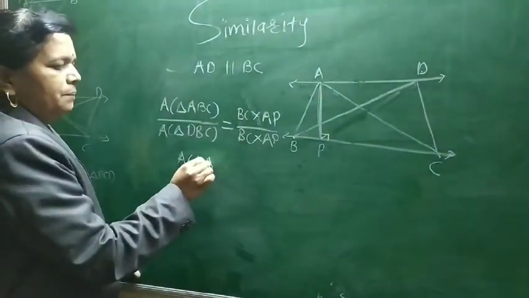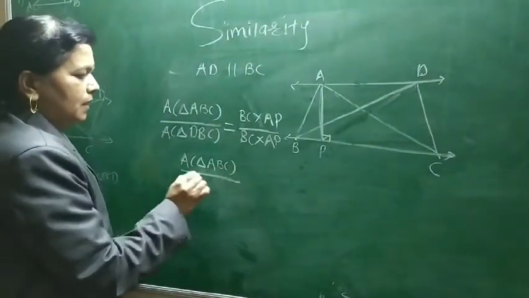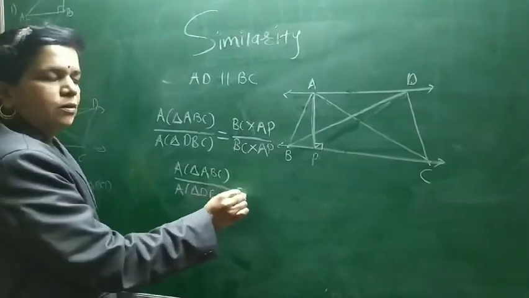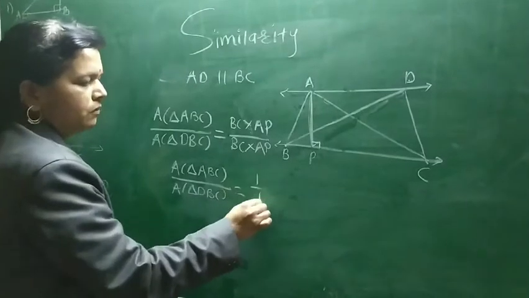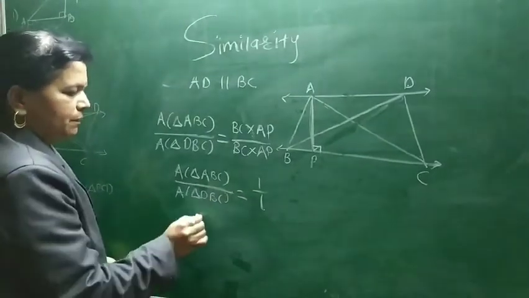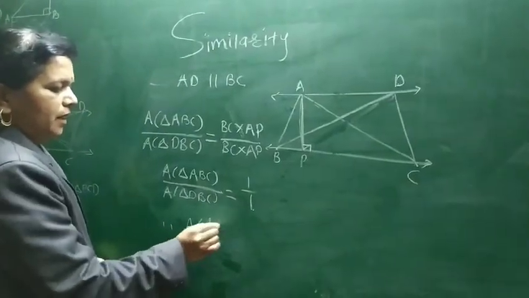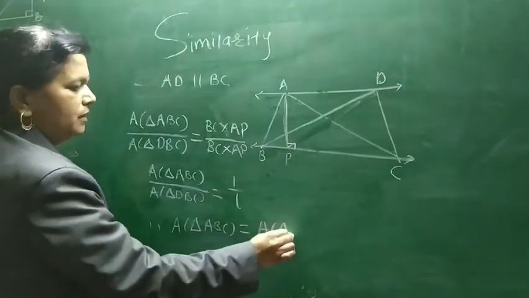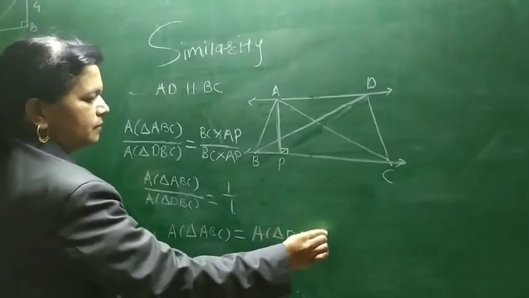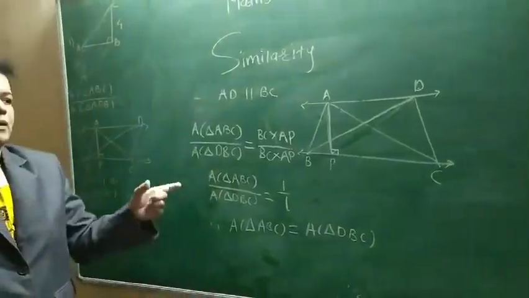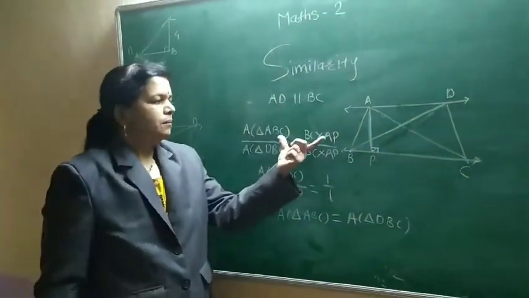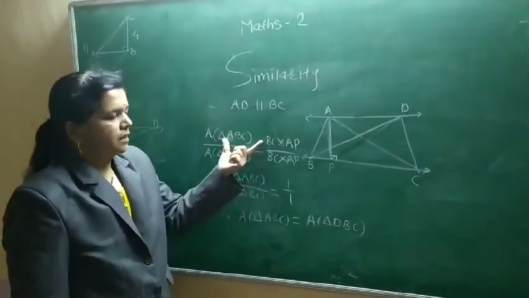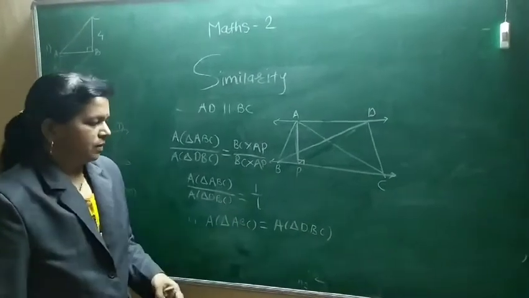Area of triangle ABC upon area of triangle DBC is equal to 1 upon 1. Therefore, doing cross multiplication, we will get area of triangle ABC is equal to area of triangle DBC. That means we have used the fourth property here: if the bases and corresponding heights of two triangles are equal, then their areas are equal.